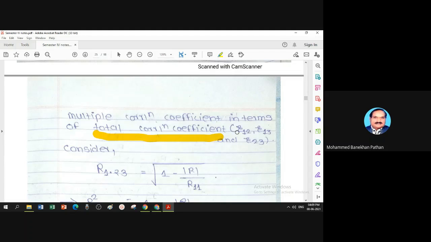Total means it is a correlation coefficient of exactly two variables, not three. So it is the correlation coefficient between x1 and x2, similarly x1 and x3, similarly x2 and x3. So we try to derive the formula of the multiple correlation coefficient in terms of R12, R13, R23.